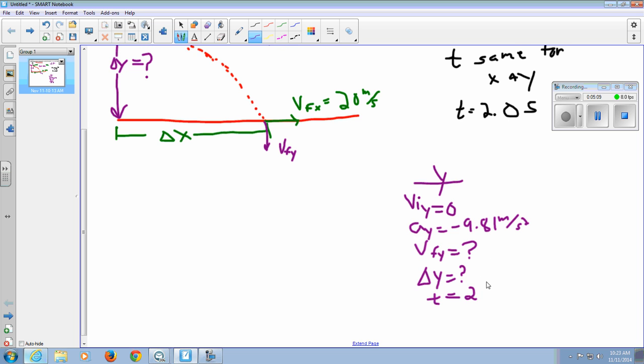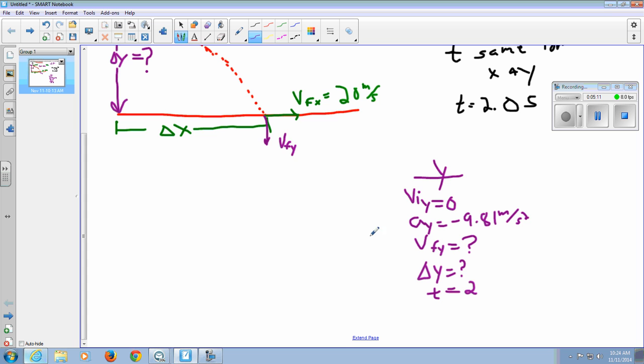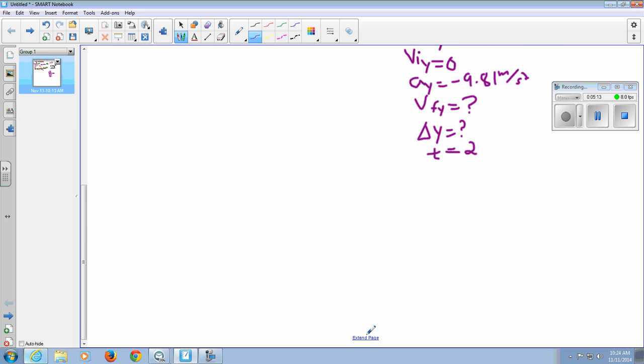So we can use what we define as our third equation. Displacement in the y direction is equal to initial velocity in the y direction times time plus 1 half acceleration in the y direction times time squared.